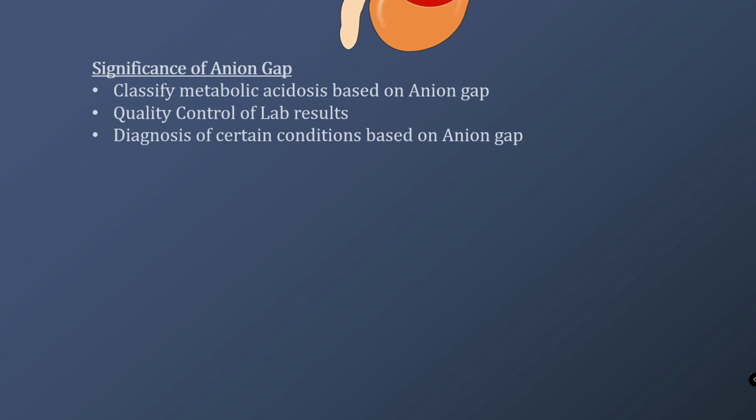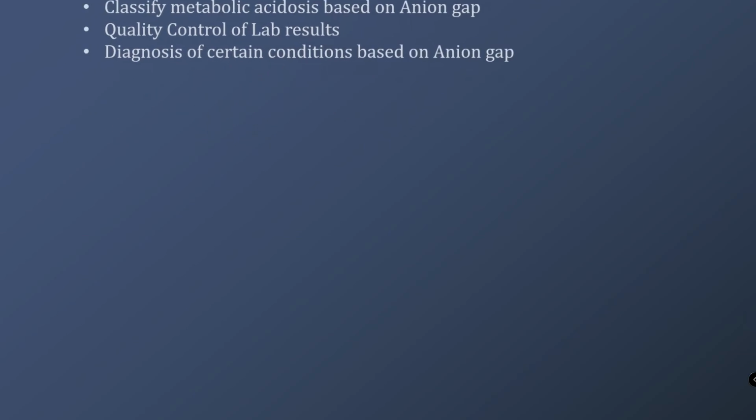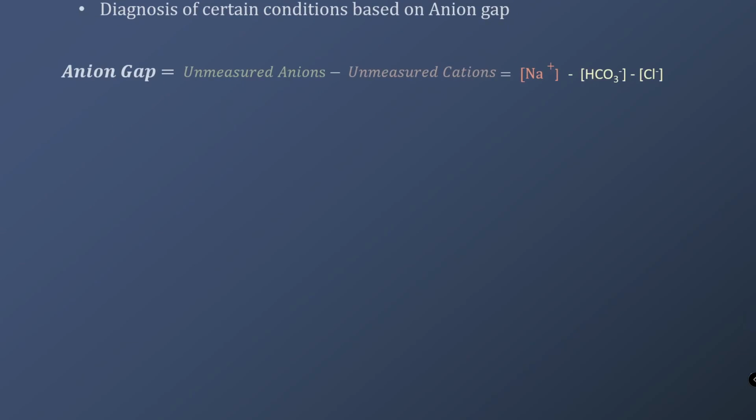Okay, so another thing is that it is used in the diagnosis of certain conditions based on anion gap. There are certain ionic imbalances that can lead to increased or decreased anion gap. Some of the conditions I have already told you regarding metabolic acidosis. Now, some other conditions you will tell me after looking at this equation.